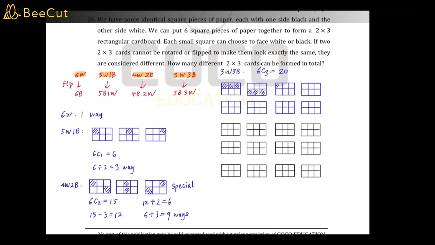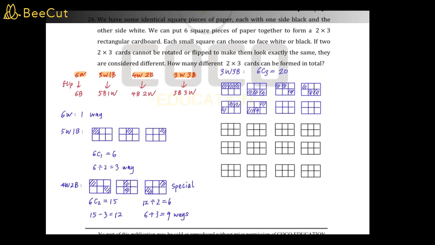Then if it's originally like this, after the rotation, this goes to the top, the other 2 goes to the bottom row. These are also considered the same. And the next one is you can put it like this. 1 in the second row, 2 in the first row. After rotation, these 2 goes to the second row. That one goes to the first row. They are also the same.